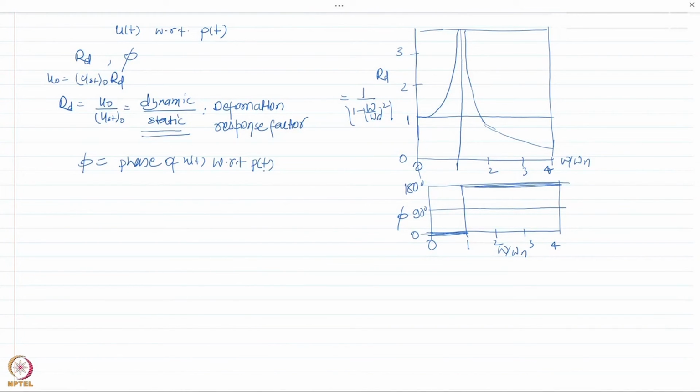Now this plot of the displacement response factor RD gives me several useful pieces of information about dynamic response, because that is what we are trying to study here. If I have a system and a harmonic load is applied on it, based on the frequency ratio omega by omega n, I would see what happens to my RD.